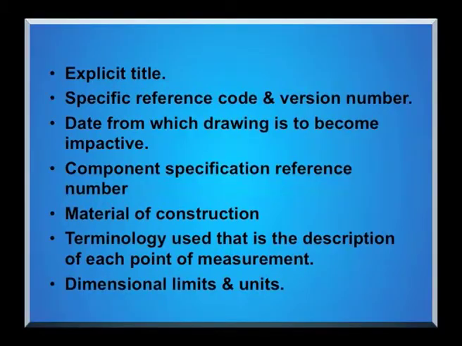First, the following details should be stated: an explicit title, specific reference code and version number, date from which the drawing is to become effective, component specification reference number, material of construction, terminology used, that is the description of each point of measurement, dimensional limits and units.